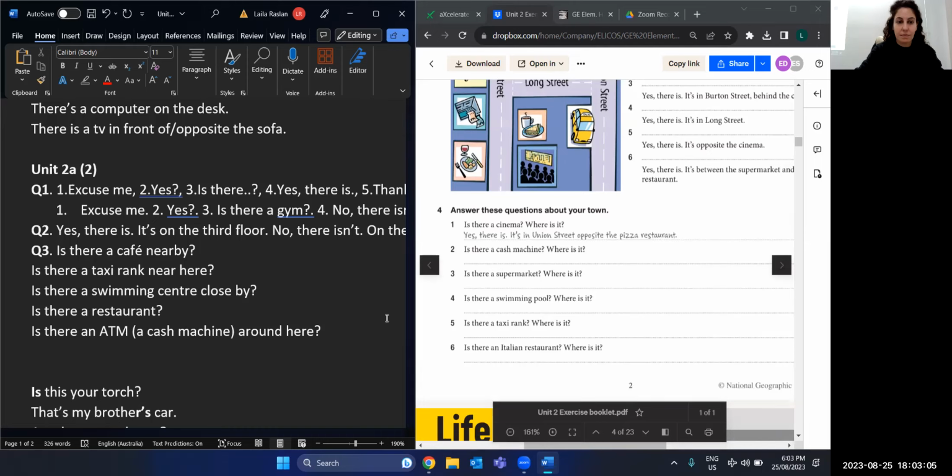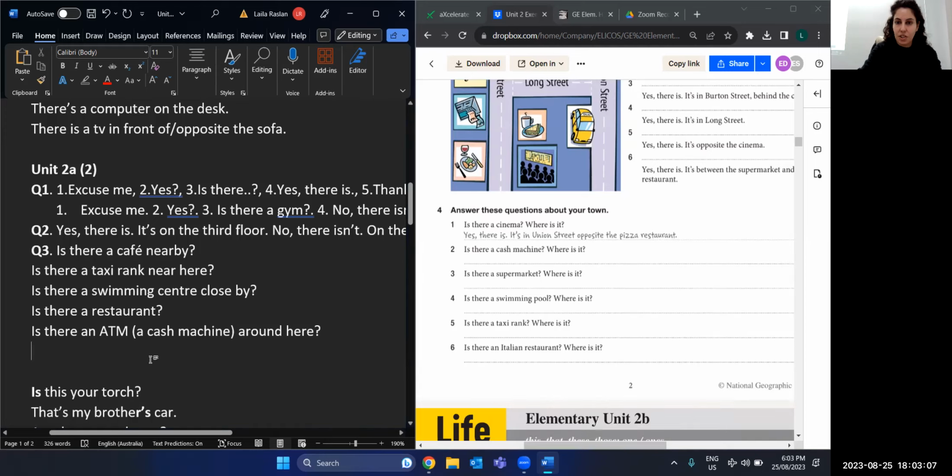On whatever. So an example for number 2. Yes, there is. It's on whatever street. So that's just an example. You can put your own.